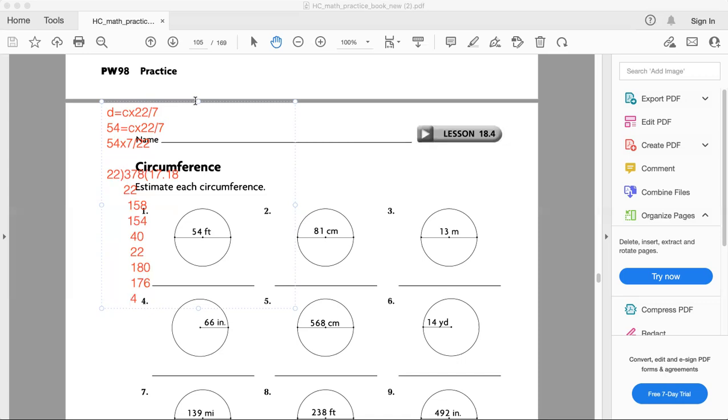And then 22 multiplied by 8 is equal to 176. So the remainder is 4. And the answer is 17.18.